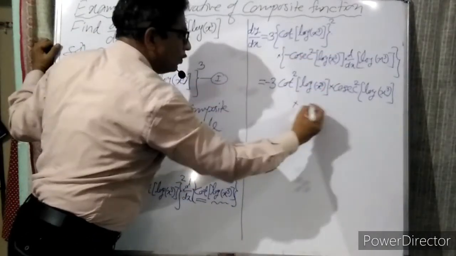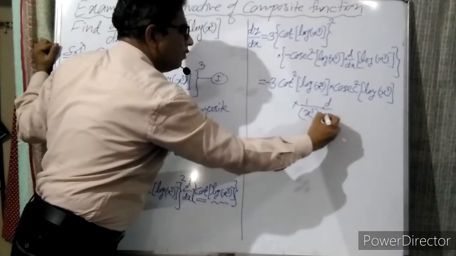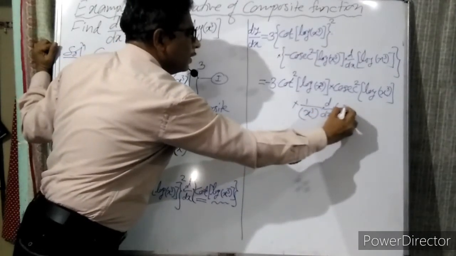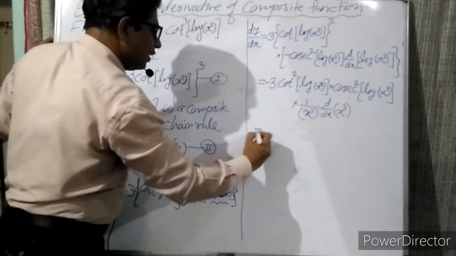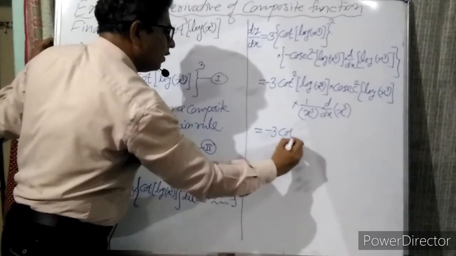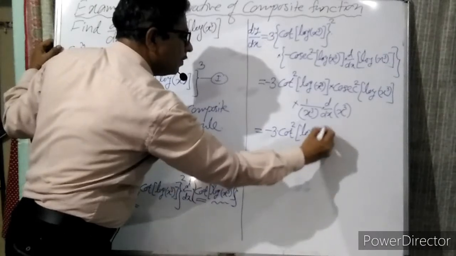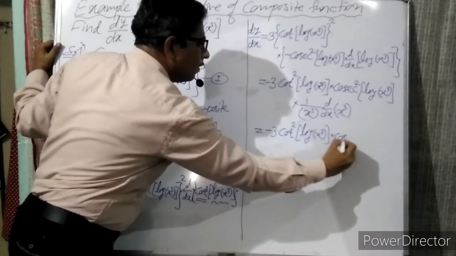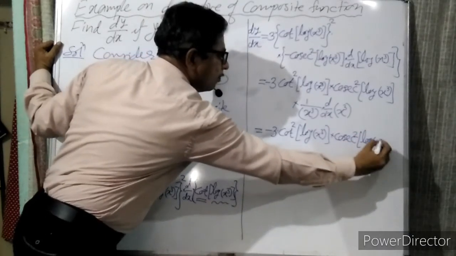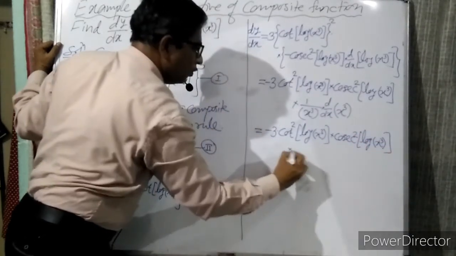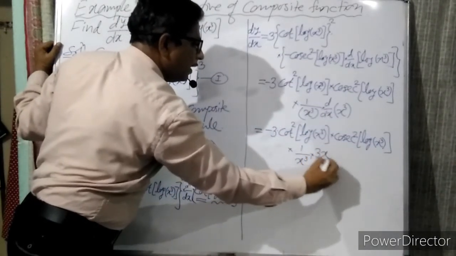So again, by derivative of composite, it will be 1 upon x cube and d by dx of x cube here. But anyway, you have to use two steps there. So here it is, minus 3 into cot square of log of x cube, into cosec square of log of x cube, into 1 upon x cube, into derivative of x cube is 3x square.